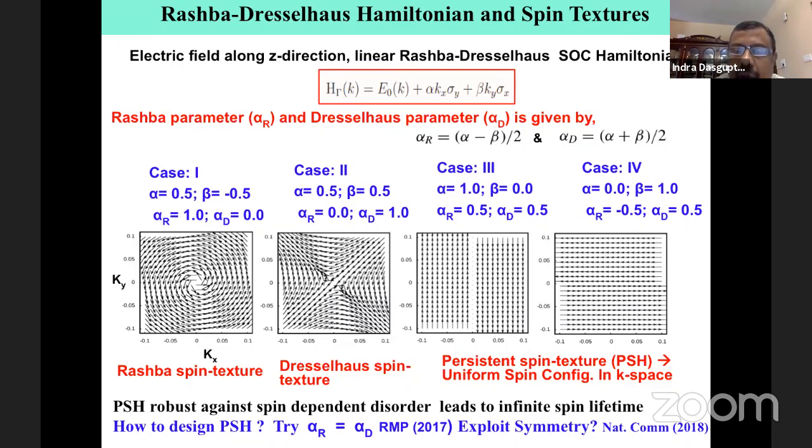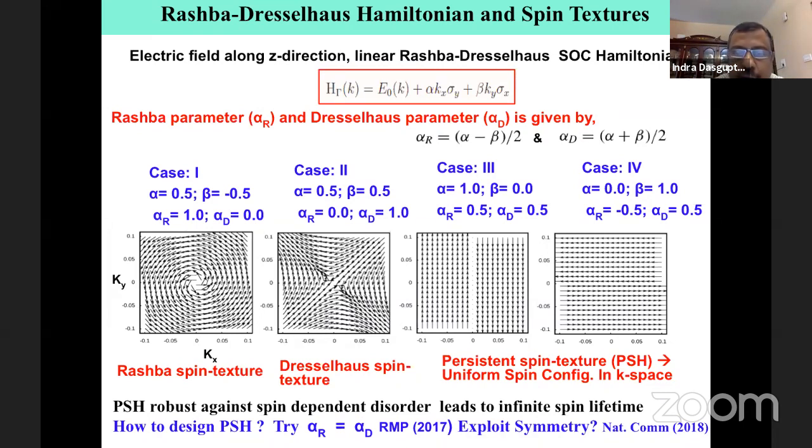You can generate that by choosing alpha equal to beta, or alpha equal to minus beta, which implies that alpha_R and alpha_D, the Rashba parameter and the Dresselhaus parameter, are identical in magnitude, or identical in magnitude but different in sign. So why are people looking for this persistent spin texture? Because persistent spin textures are robust against spin-dependent disorder, and this essentially gives rise to an infinite spin lifetime.